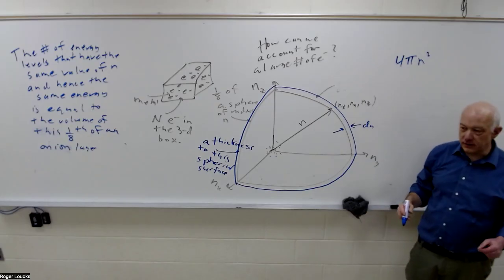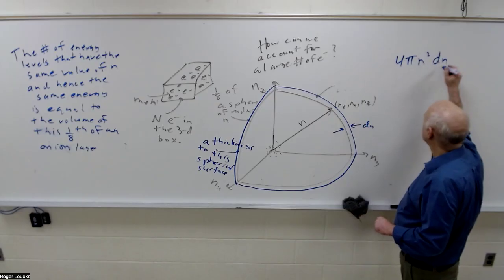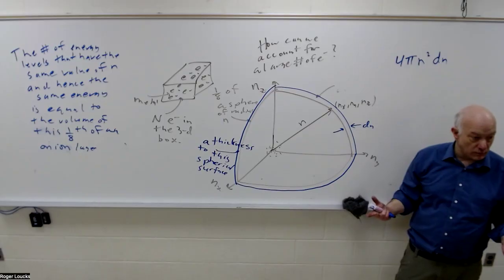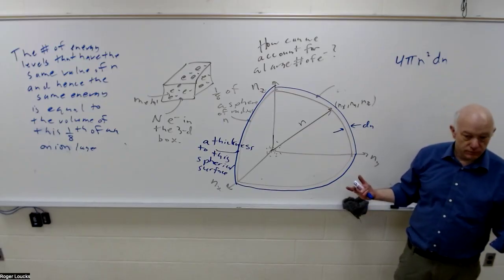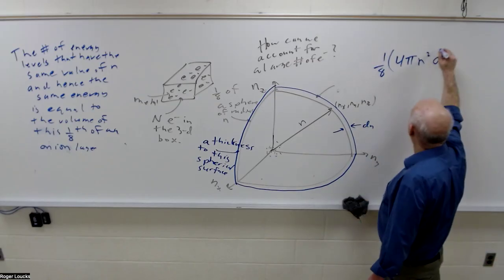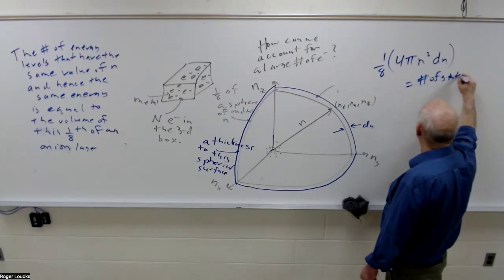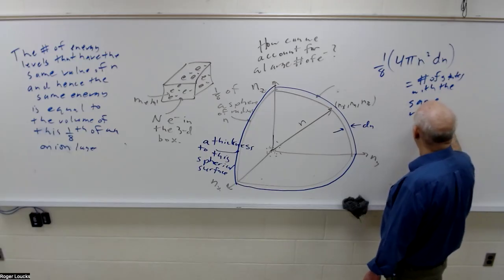Then you multiply that by the thickness. That's going to be the volume of the whole big onion layer. How much of the onion layer do we have? 1/8 of it. So this is going to equal the number of states with the same value of n.